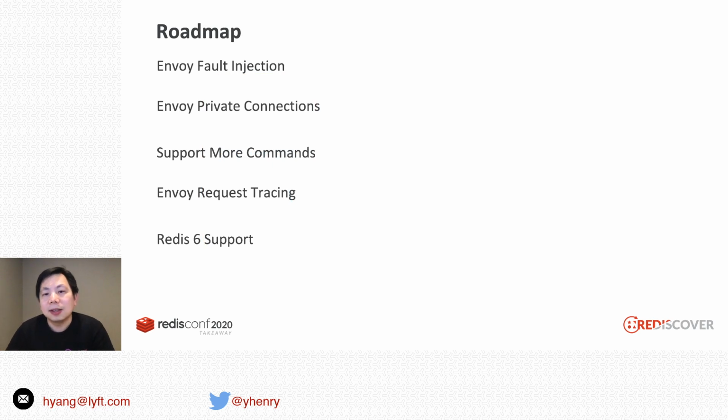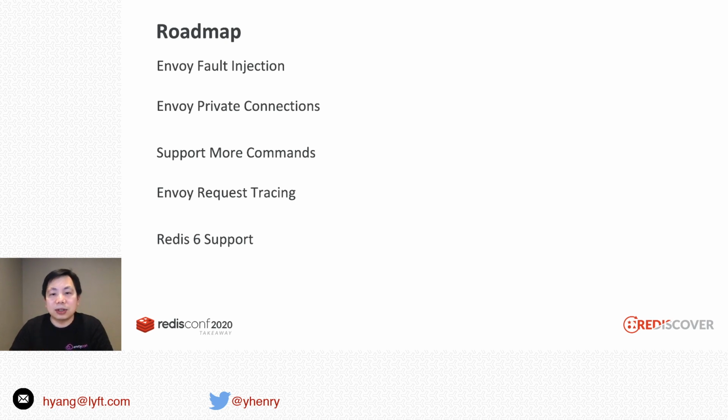Looking ahead, here's the list of features we're most excited about implementing. Envoy fault injections, I believe we have talked about it here before, and this will be very helpful for cases like our Valentine's Day incident, where before Valentine's Day, we could inject either errors or delays or both into our production traffic and discover the bugs early.